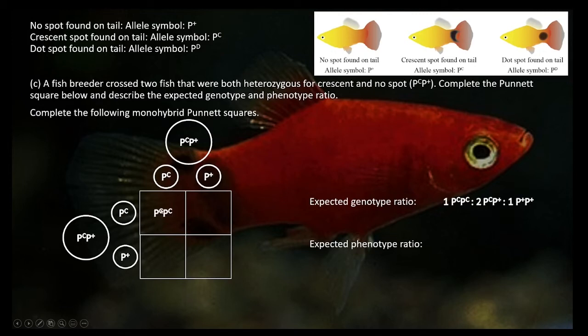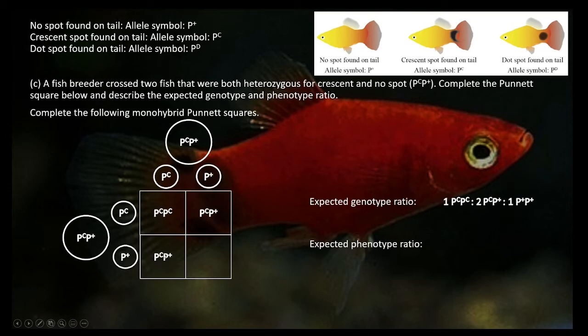So with this first one, it's both going to be crescent crescent. Okay, so that is homozygous crescent. So we know they are going to look crescent. In this case, it's going to be heterozygous. But remember, this is recessive, so it's going to look crescent.